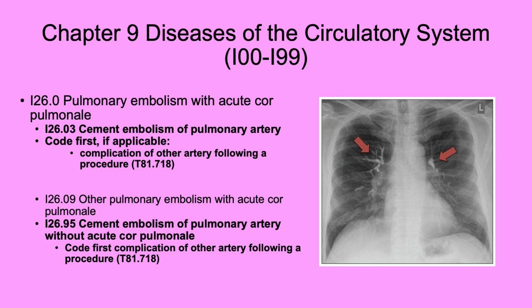Some of the cement used leaks out, goes into the venous system, travels to the lungs. So that's an embolism, right? So it can be with or without acute cor pulmonale. So, code first, if applicable, complication of other artery following procedure. And anyway, cement embolism.